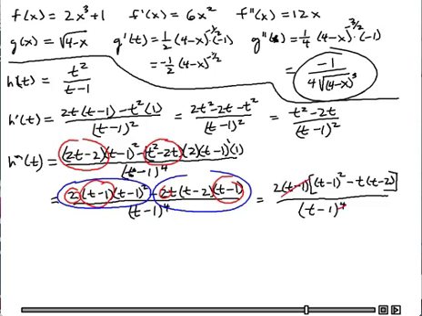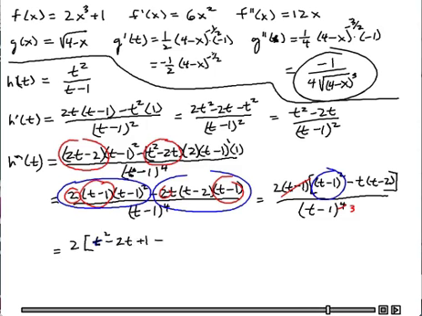Of course I get a little cancellation there. And now I have 2. I'm going to go ahead and square this (t minus 1) and get t squared minus 2t plus 1.